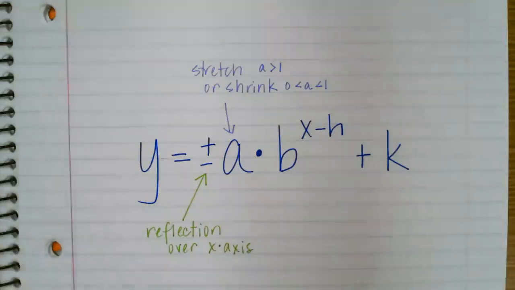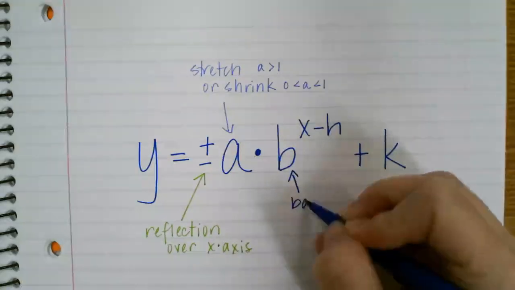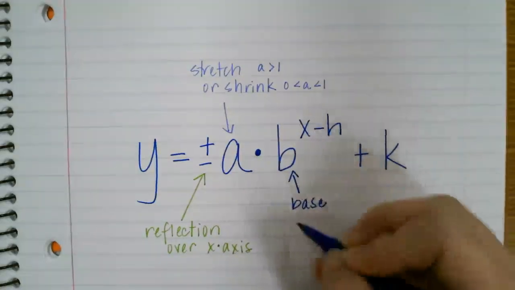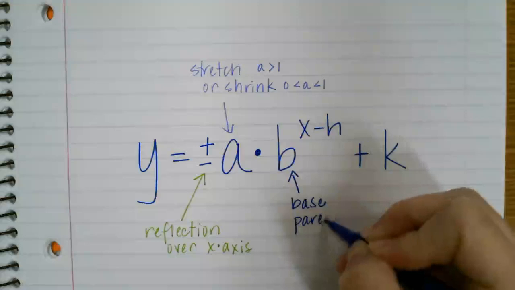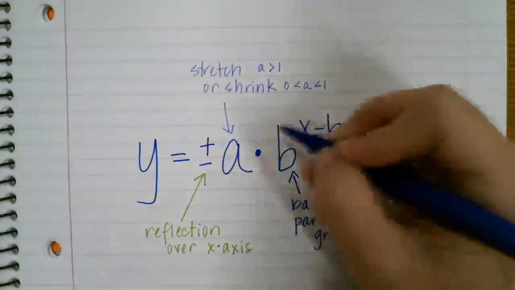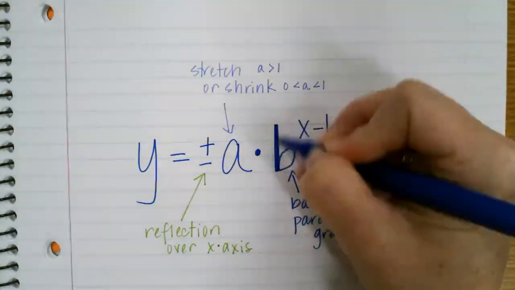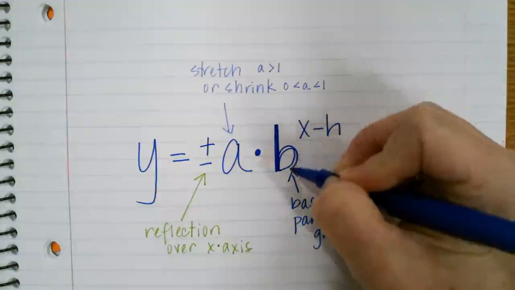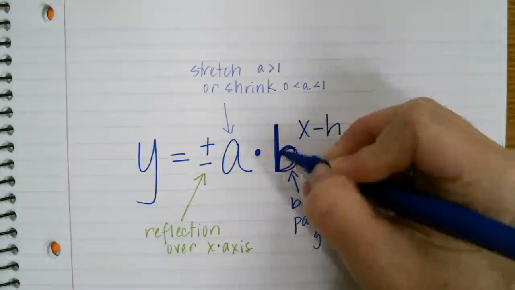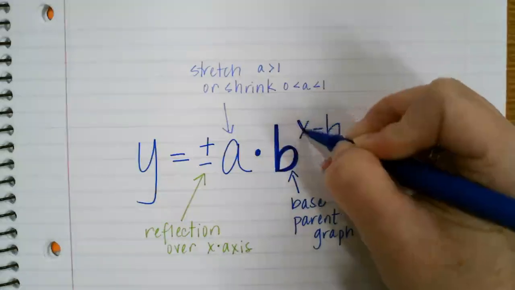All right, this right here, this b, this is our base number. So this is our parent graph, if you want to think of that. This b to the x is what's going to be in every single problem here. So this is our starting point.